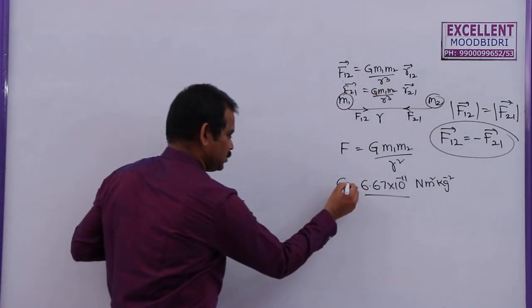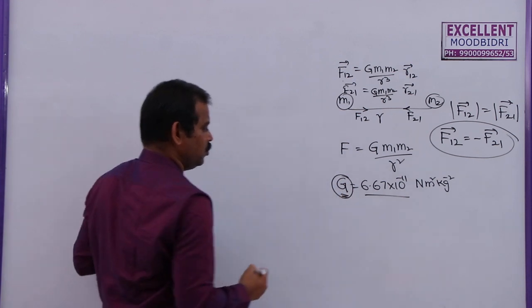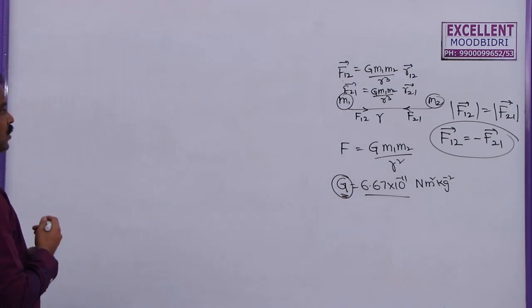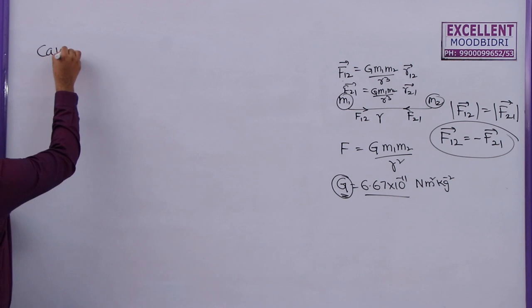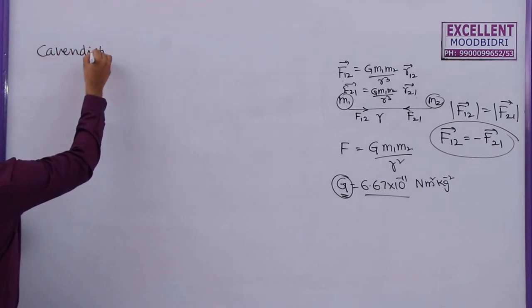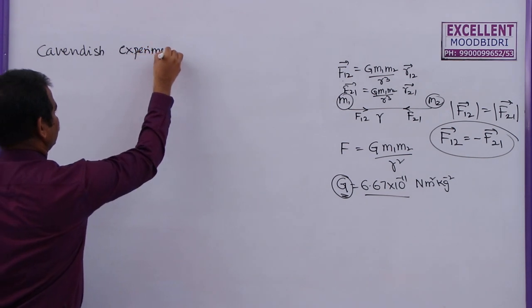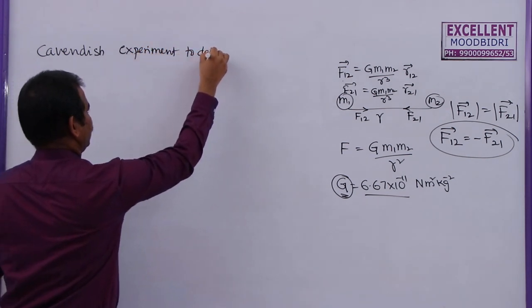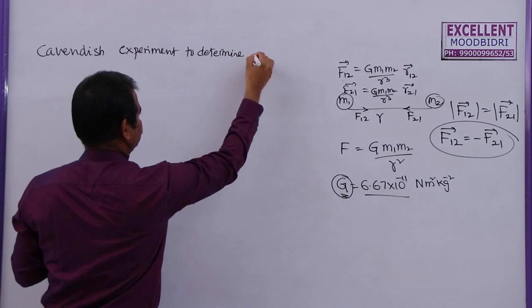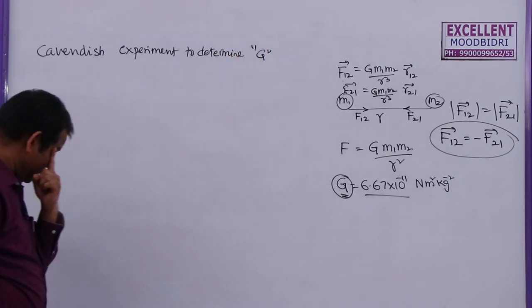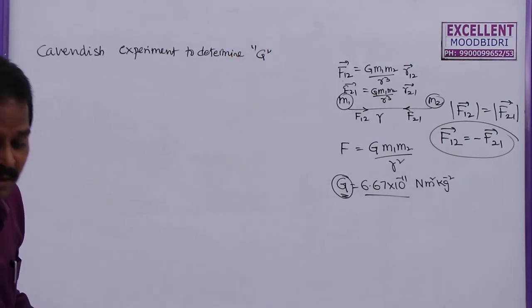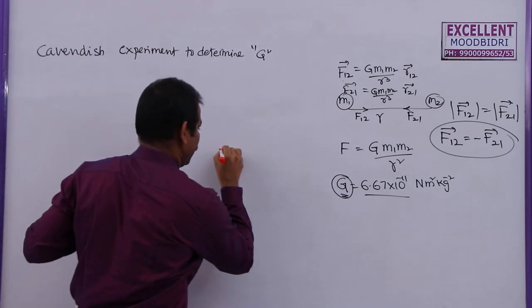Now, this capital G, the universal gravitational constant, was determined by Cavendish by an experimental setup called the Cavendish experiment. In this experimental setup, he used two big balls.